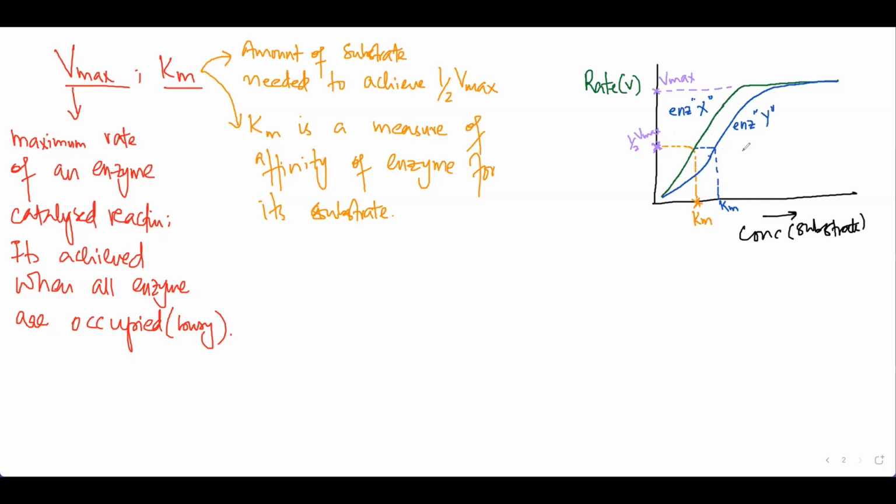Y. So it has less affinity. Very good. What does this mean? Greater the Km, lesser the affinity.